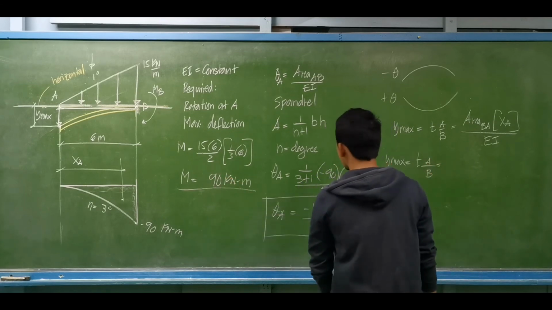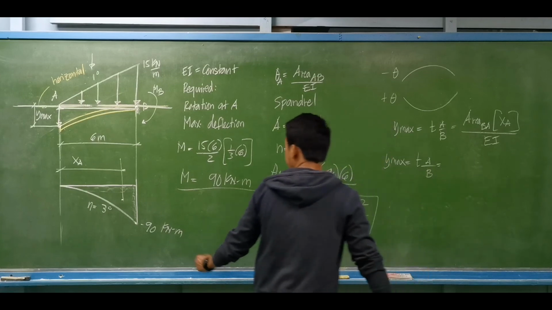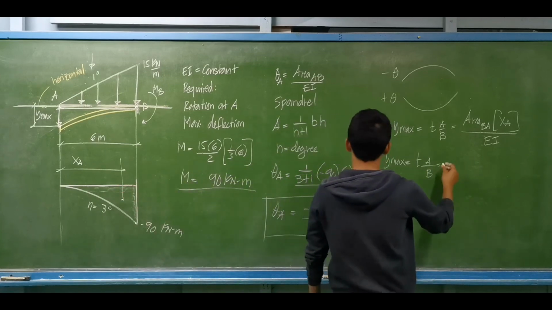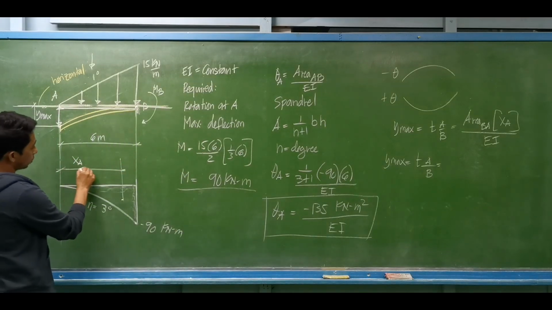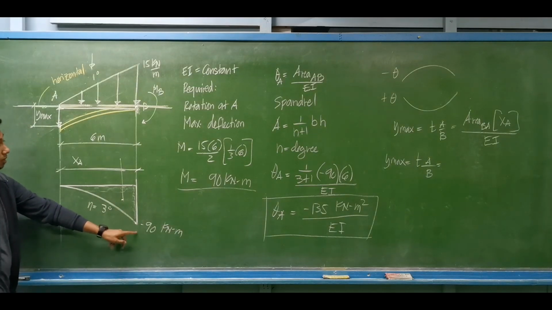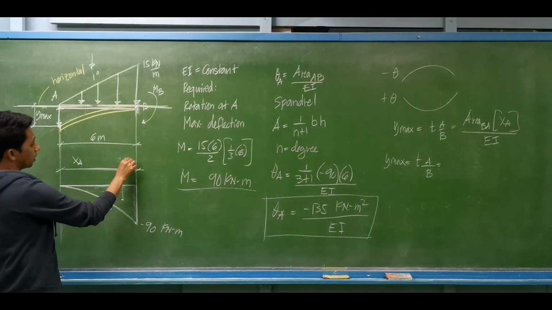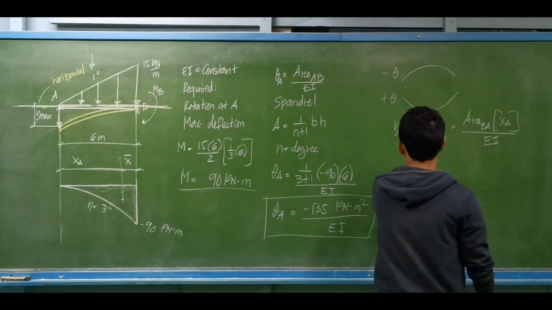What is the area of the moment diagram? This is negative. By the way, I have to compute that distance. How do we compute this distance? Towards this side, towards the 90, let's say bar x first.